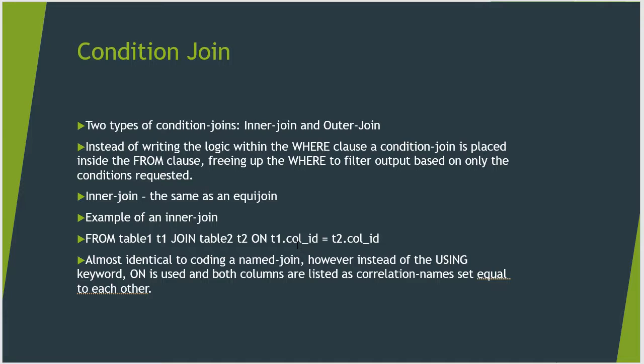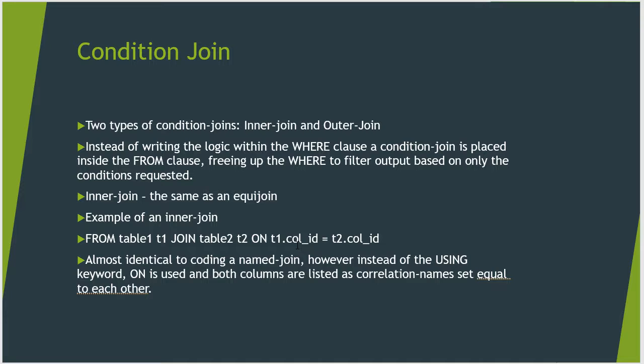So an example, you have from table 1 join table 2, and you use the on keyword. It's a little bit more typeful because with on you specify the correlation name. Here I use the alias T1 for table 1 and the column ID equal T2 and the column ID. In this type of join, the columns don't necessarily have to be named the same.